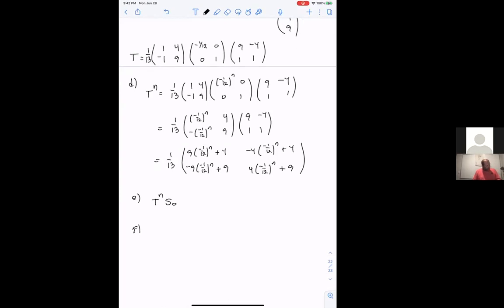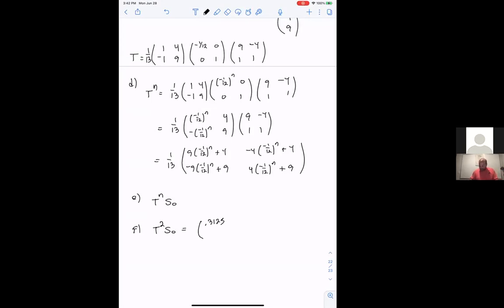F, verify your formula by finding how many customers are purchasing from R after 2 years. Okay, well, I can certainly do this one and see if my answer or their answer is the correct one. So now that I have my T squared, I'm just going to plug it in. 9 over 144 plus 4, divided by 13. That gives me 0.3125.